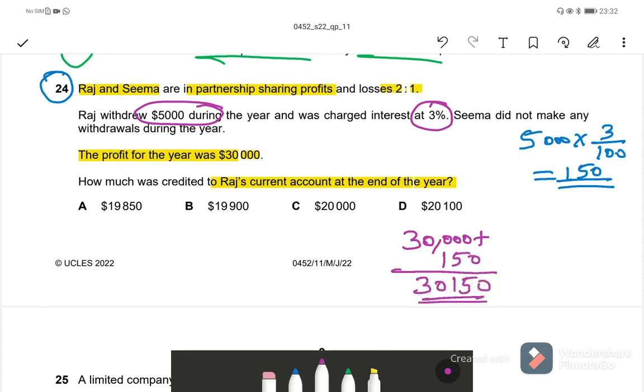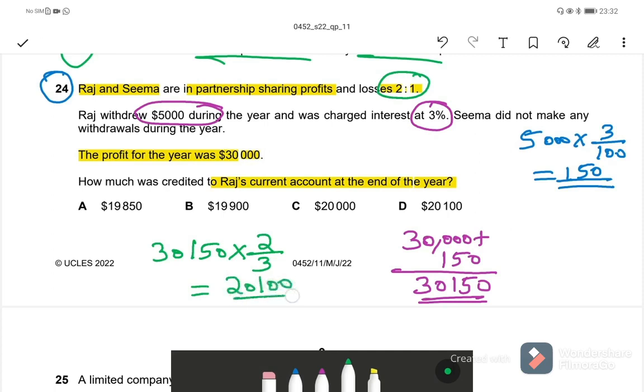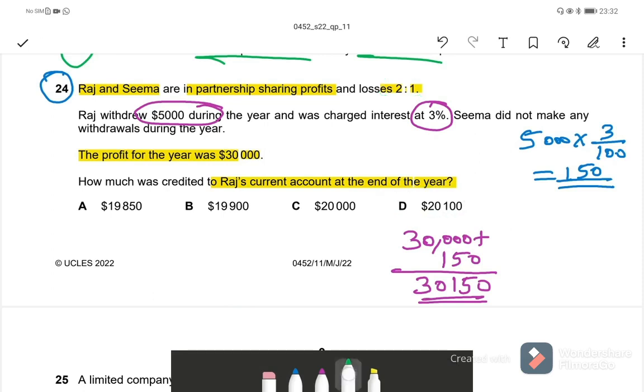So Raj's share will be 2:1. So 30,150 multiply Raj's 2 by 3, 20,100 is the correct option. His profit share is 20,100. It will be credited to the current account. So option D is the perfect answer.